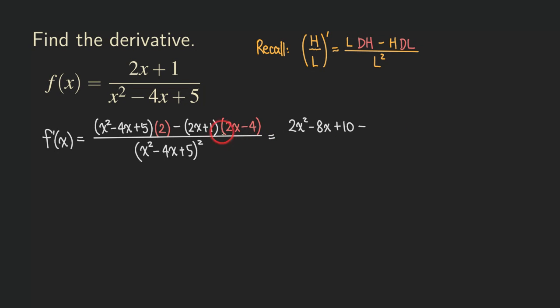Let's FOIL that first, making sure to put parentheses. So 2x times 2x, we get 4x squared. And then 2x times negative 4 is negative 8x. And then 1 times 2x, we get positive 2x. And then 1 times negative 4, we get negative 4.